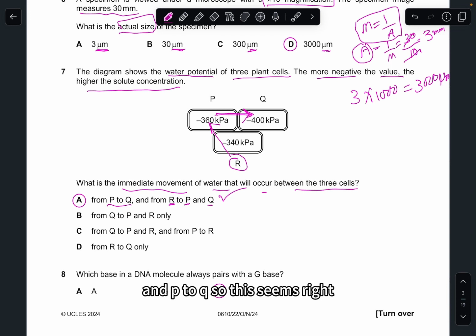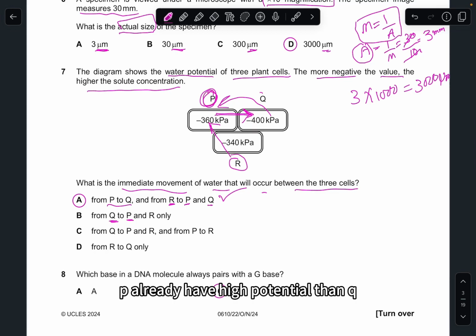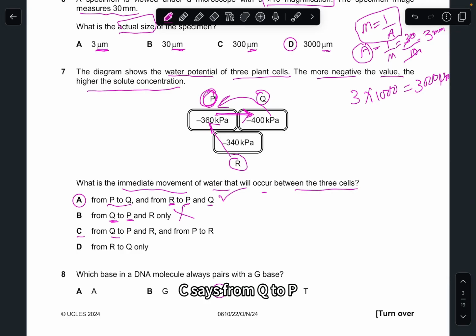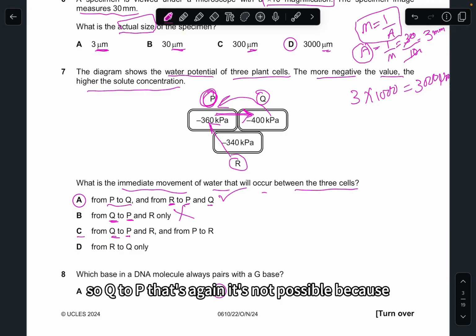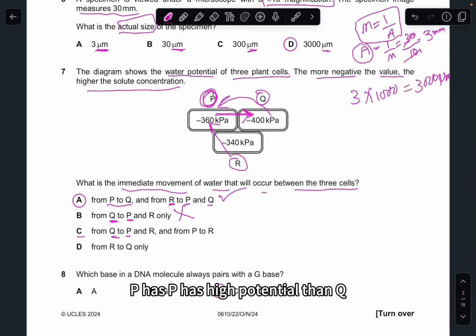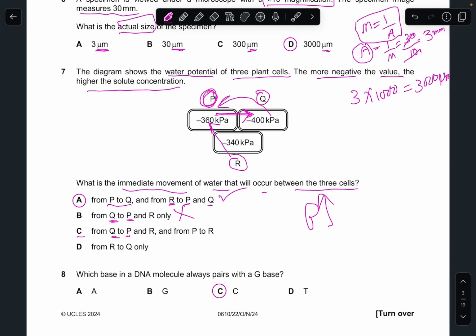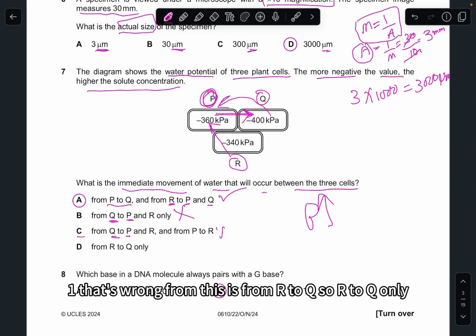This seems right. If you see B, it says from Q to P. Q to P is not possible because P already has a higher potential than Q. So this is wrong. C says from Q to P again, which is not possible because P has a higher potential than Q. So that's wrong.